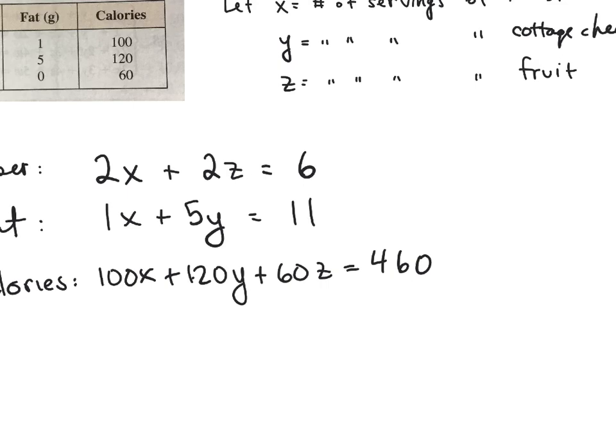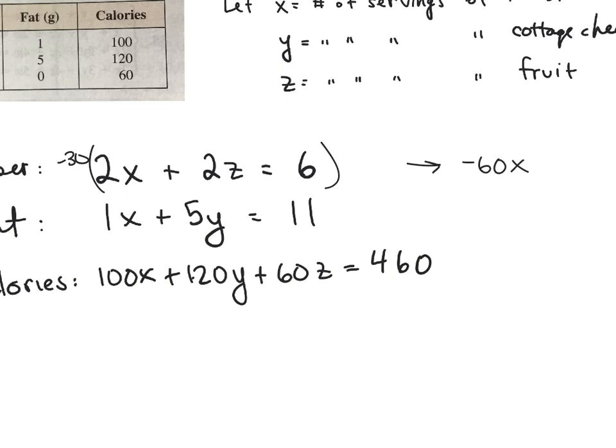What I would do then is take equation 3 and equation 1 and eliminate z. And in order to do so, since equation 3 has a coefficient of 60 and equation 1 has a coefficient of 2, what I would need to do is multiply this top equation by negative 30.